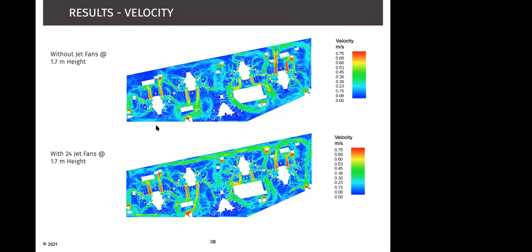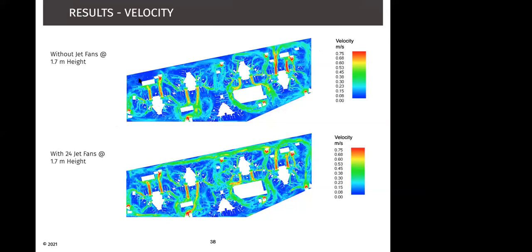So in this case, we have the top images are for without jet fans. The bottom images are for with 24 jet fans. So if you see, in the without jet fan system, we have a good amount of air moving through the system from the fresh air cutouts into the exhaust. So you can understand that the natural airflow path being formed is quite evident from these images.